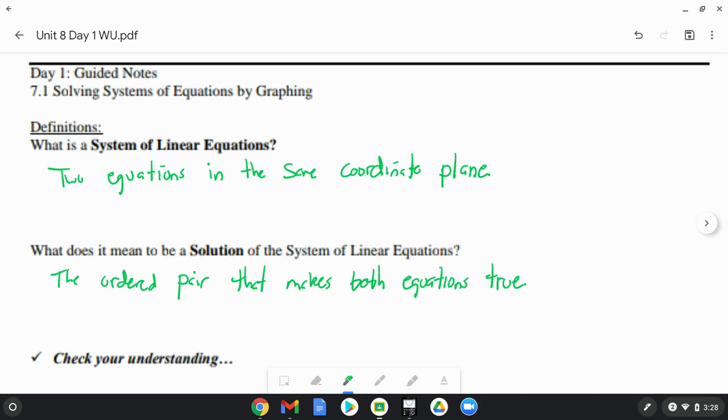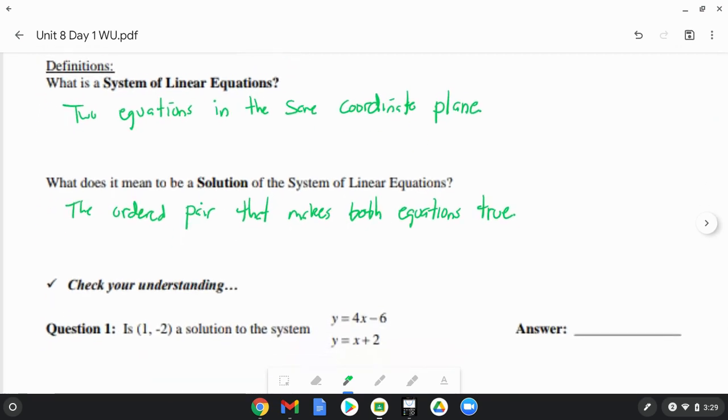When we were dealing with solutions earlier on this year, it was the number that we'd plug in that would make the single equation true. Now, since we're dealing with two equations with x and y, where we can graph them, we need to find both x and y numbers that would make the top and the bottom equation true when we have two.